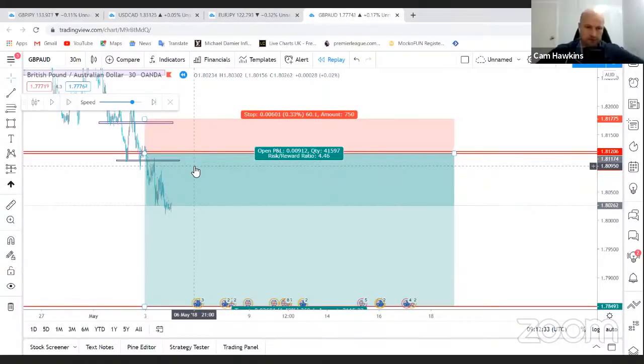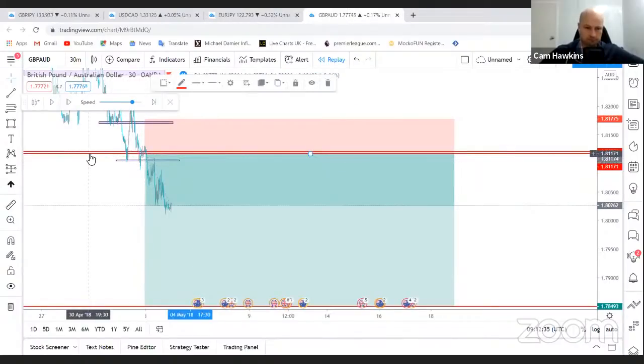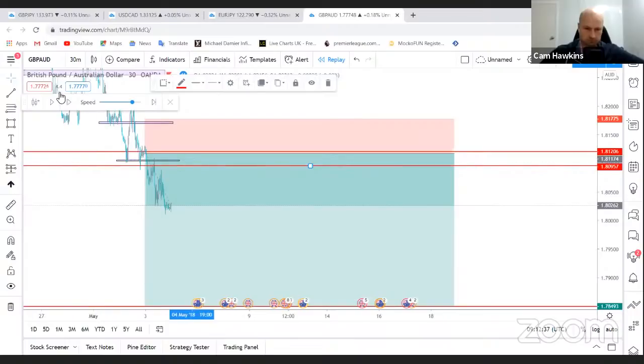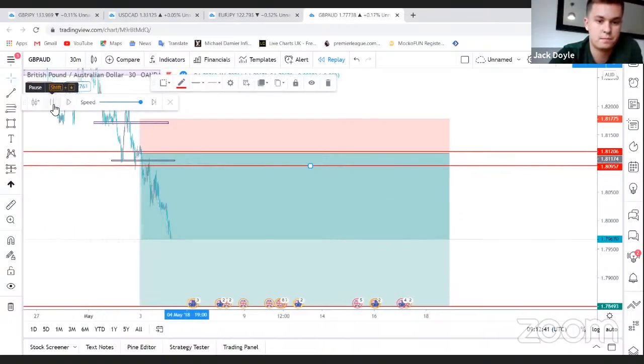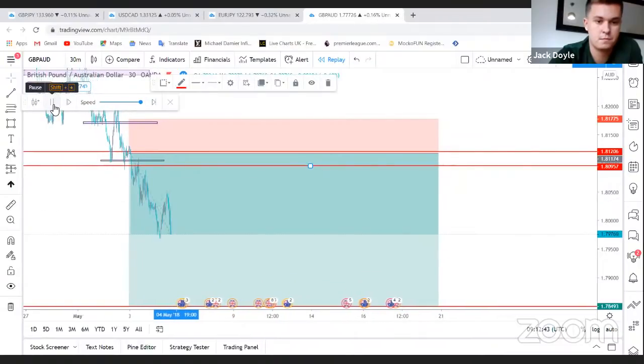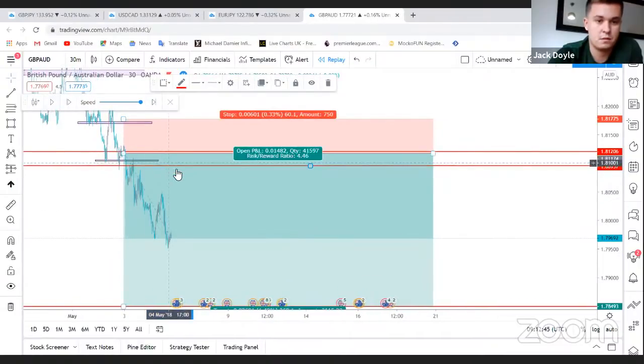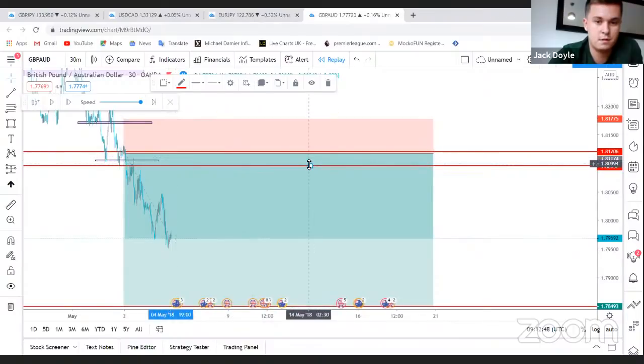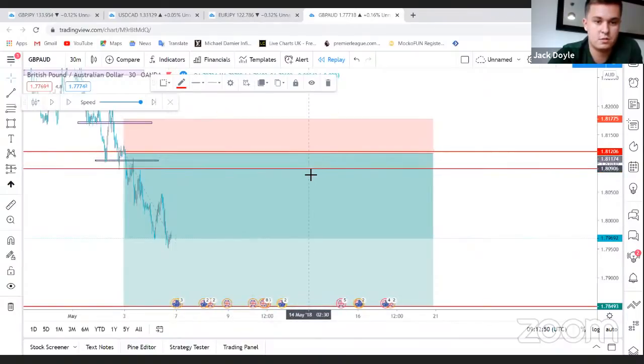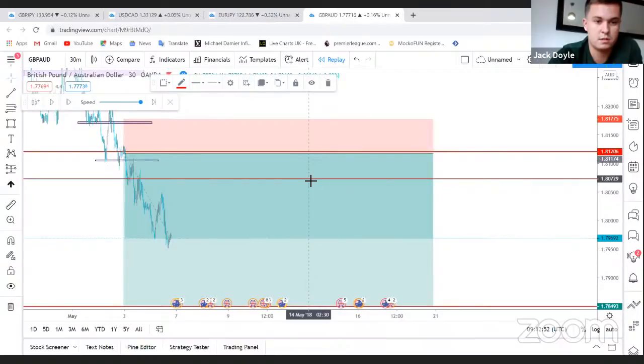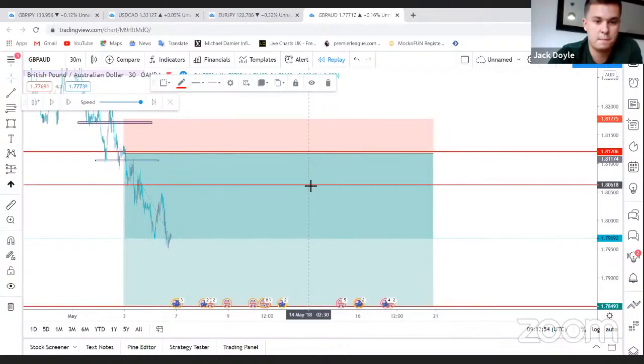Move it down, yeah. Just about here. I'll pick up the speed a bit. Then I'd go again, just to manage the trade. I think that helps with risk management as well.